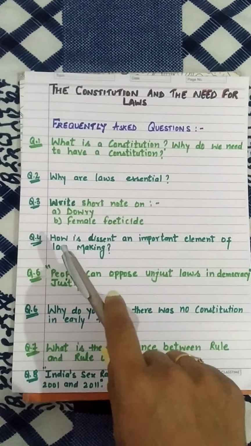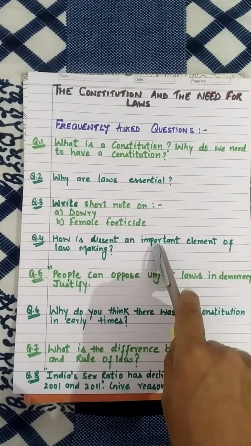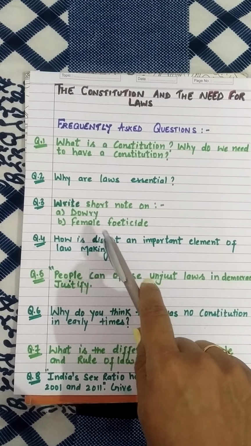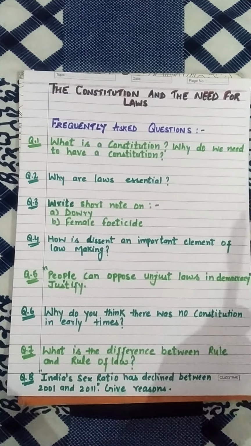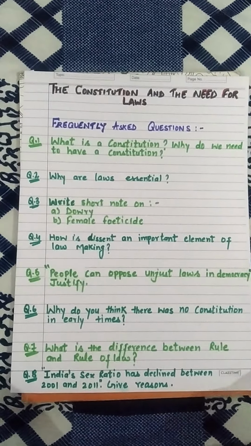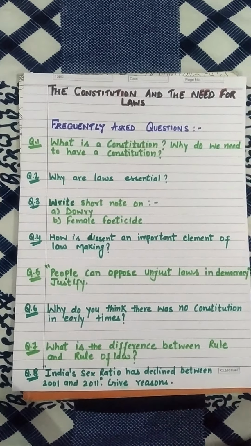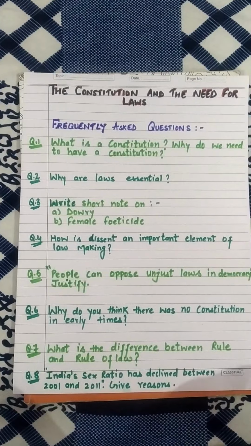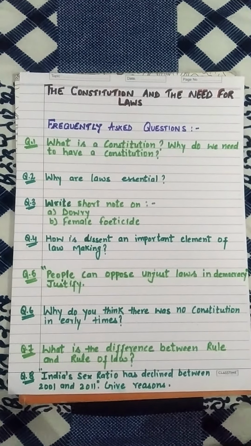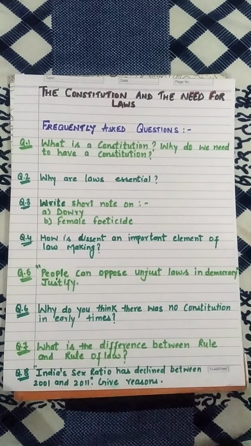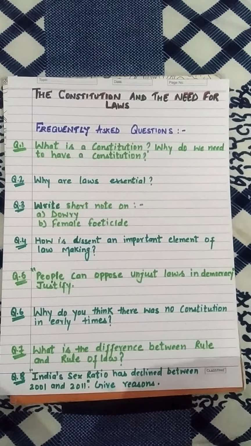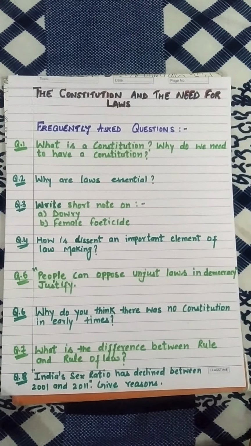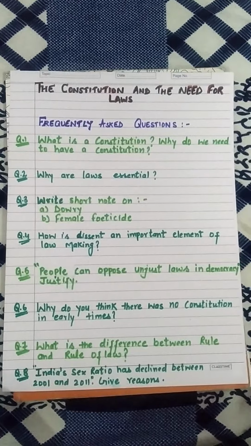So the next question, how is dissent an important element of lawmaking? So dissent is an important element of lawmaking. Why? Because it encourages, what does it encourage? It inspires discussions of various aspects of the law and can prove to be a very useful tool in the successful lawmaking process.